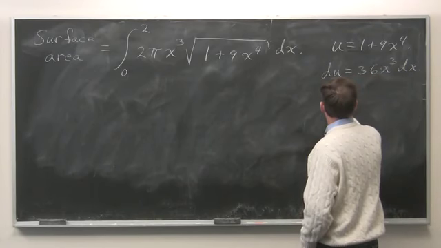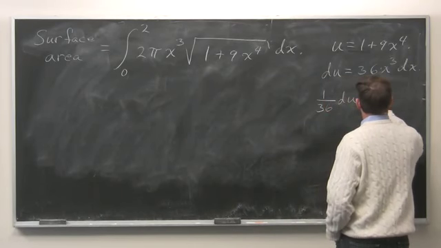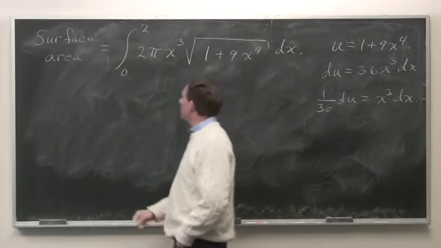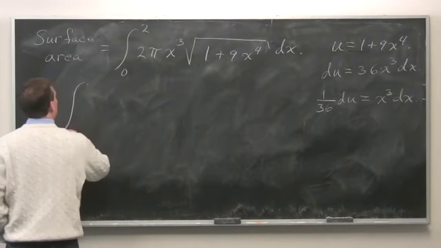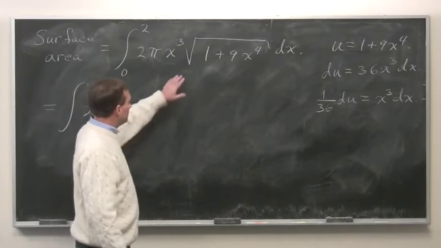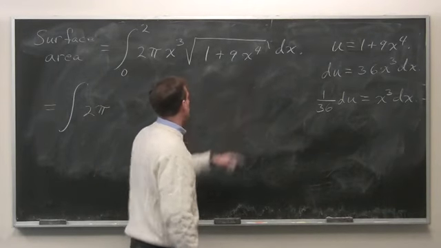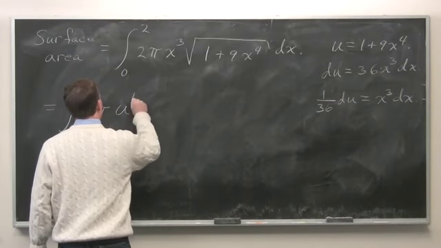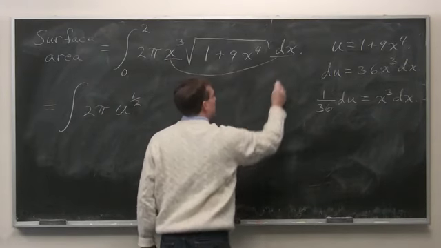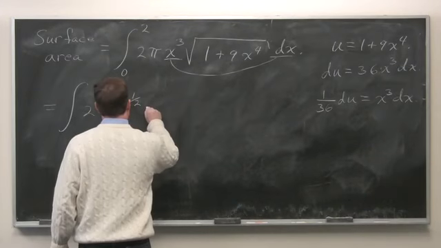I'll divide by 36, so we get 1/36 du is x cubed dx. And so this integral becomes, in terms of u, a 2 pi, the square root of 1 plus 9x to the fourth, which is now just the square root of u, so I'll write that as u to the 1/2. And then the x cubed and the dx together give us 1/36 du.